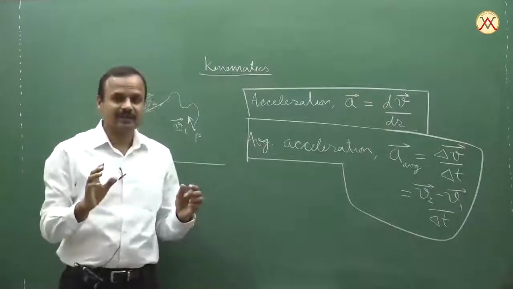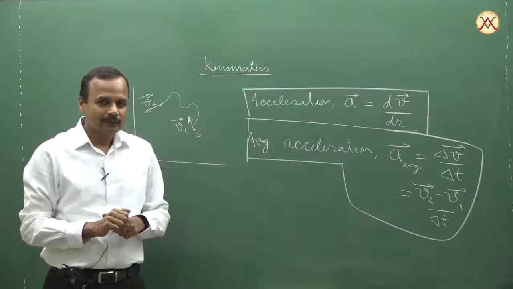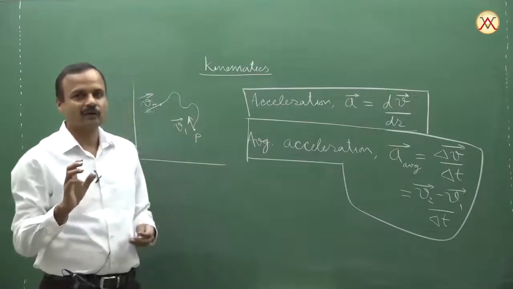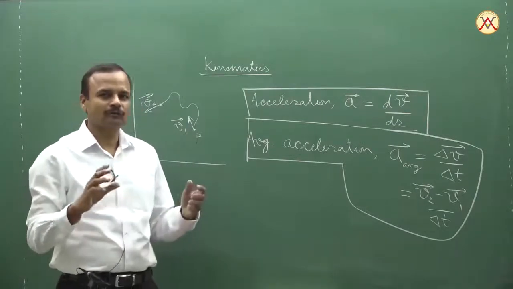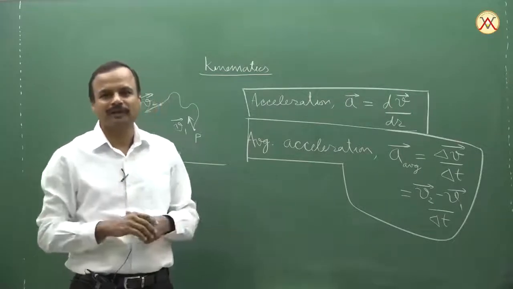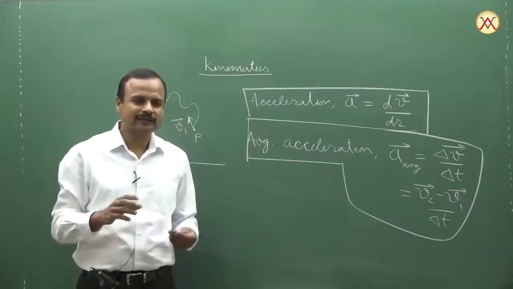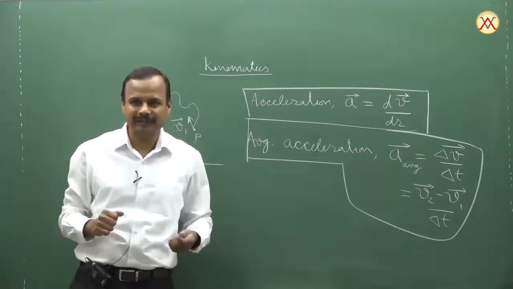See, definitions are extremely important in physics because they are never wrong. If you have a formula, that formula may be valid in certain conditions, it may not be valid in others. For example, you must have heard of that equation V is equal to U plus AT.